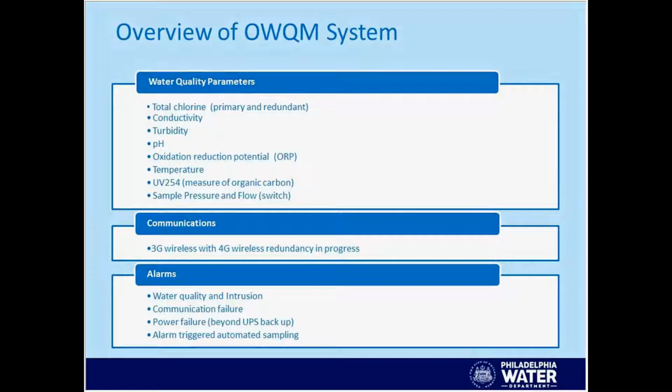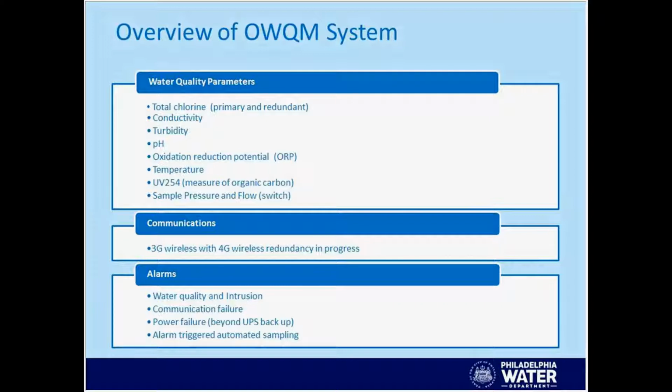We have our conductivity because we have multiple sources. We have mixing zones. Turbidity, pH. We have oxidation reduction potential. That's basically a heartbeat. That's telling us that our system is operating, and there are no foreign substances that have been introduced into the system. So that's a parameter that should always be flatlined.